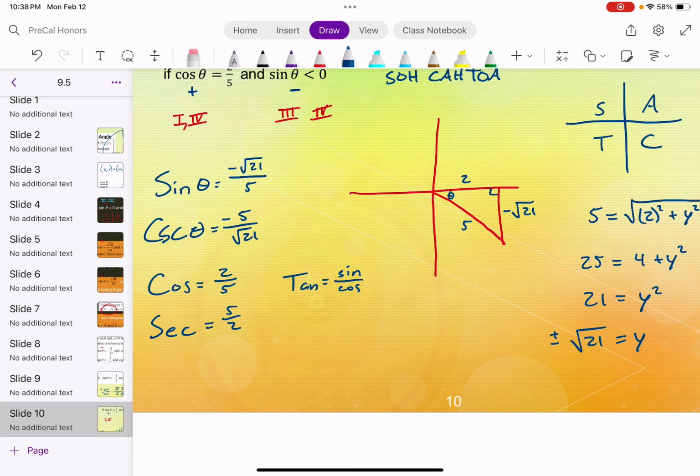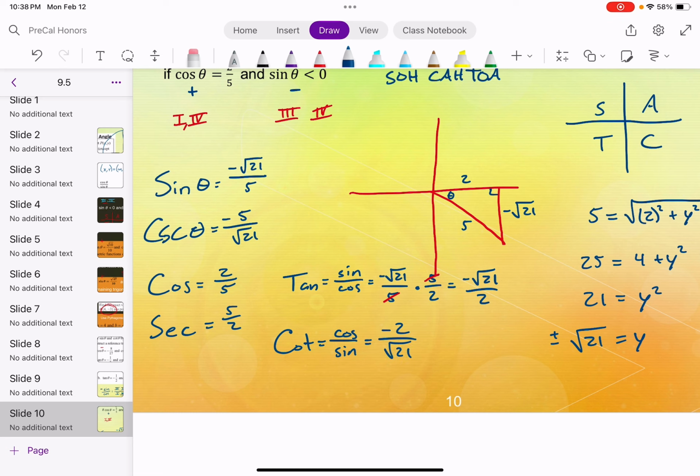Keep in mind, sine is negative square root of 21 over 5. And we're going to multiply that by the inverse of cosine, which is 5 over 2. Our final answer here would be negative square root of 21 over 2. Remember, 5's slip away because they're getting canceled away. Last would be our cotangent, which is cosine over sine, which is negative 2 over the square root of 21.